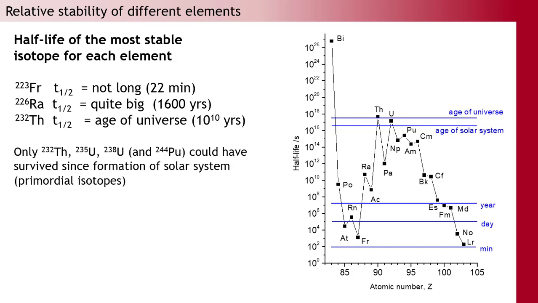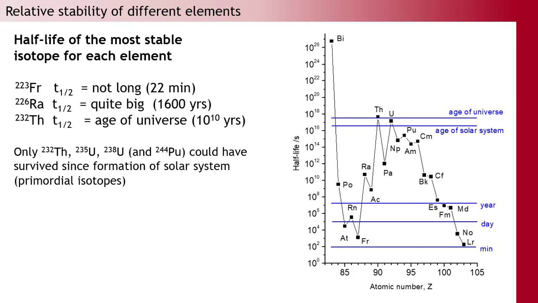Beyond uranium, we have neptunium, plutonium and americium and curium, all having relatively long half-lives, thousands of years for their most stable isotopes. Berkelium and californium are in the thousands of years regime, and then moving on, einsteinium, fermium and mendelevium cross the year mark. The last two actinides are nobelium and lawrencium, which take us down to 4 hours for lawrencium-262.